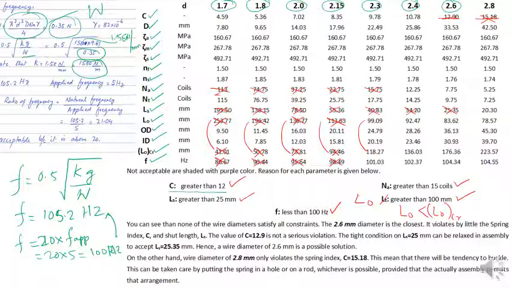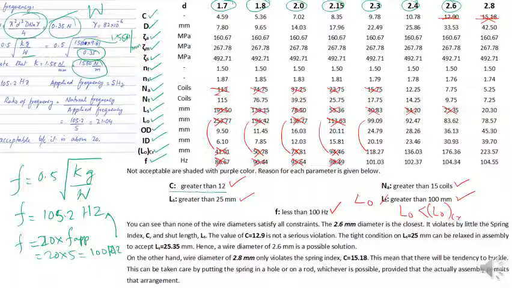Now you look at it, all the columns have red. So there are things which are out. Let me go and say, okay, which one is going to give me now the problem?